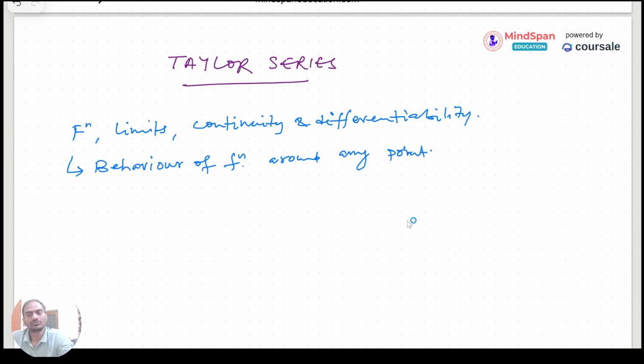Based on that we try to find the output of the function that we have constructed based on the training data, on any general data that we have not fed into that machine. That's what we do in real life: predict for any input based on the function that we have constructed using the training data. So all those things are done using these concepts that we have already studied.